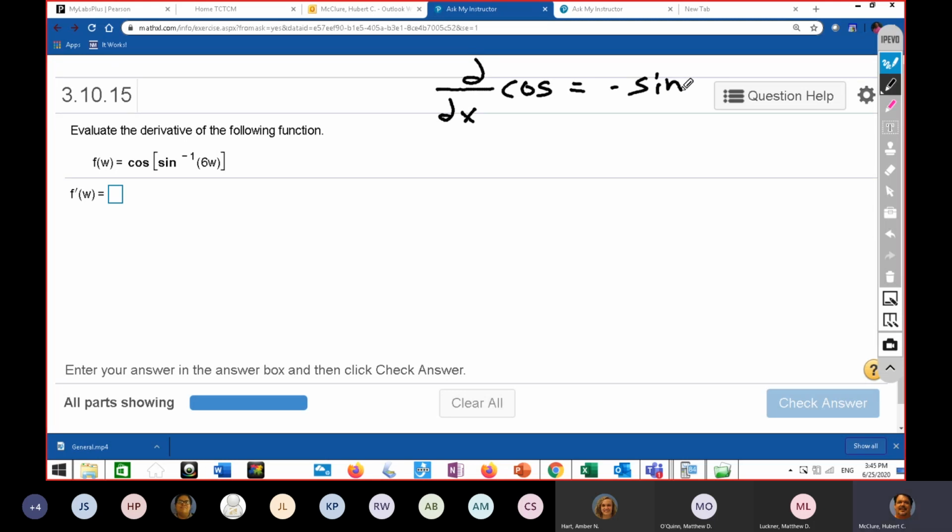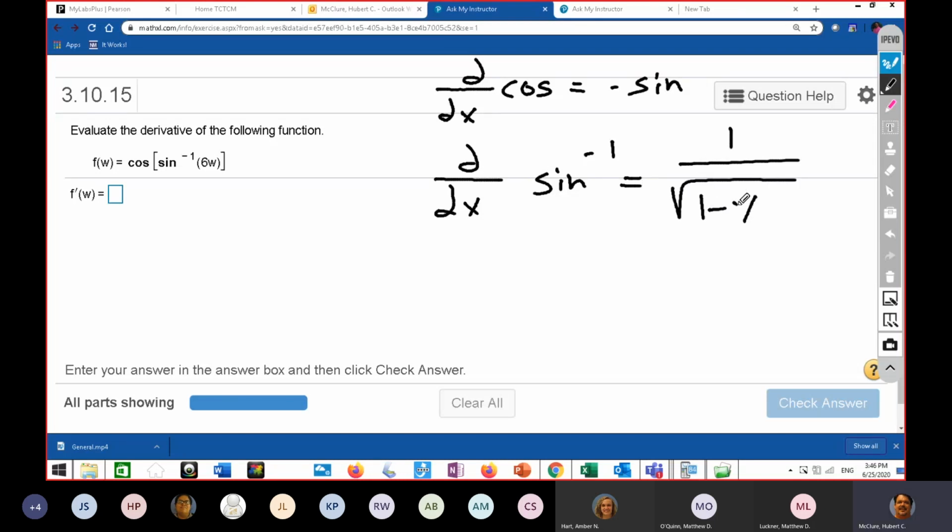Now, I know I didn't put theta or x, but I really don't care about that because you're trying to remember what you need to use. And the derivative of the inverse sine is equal to 1 over the square root of 1 minus x squared. And there's one more.